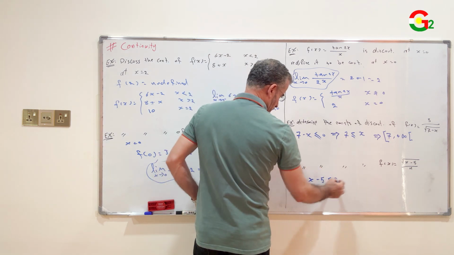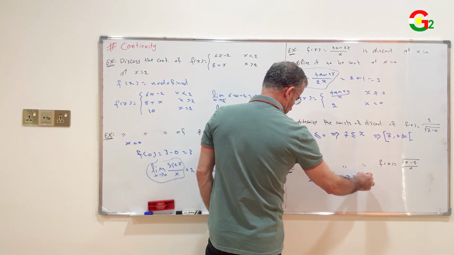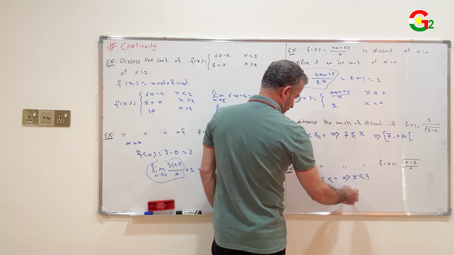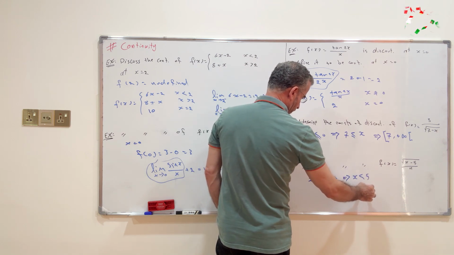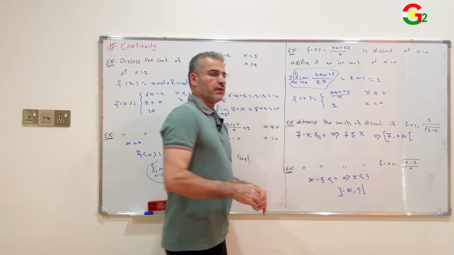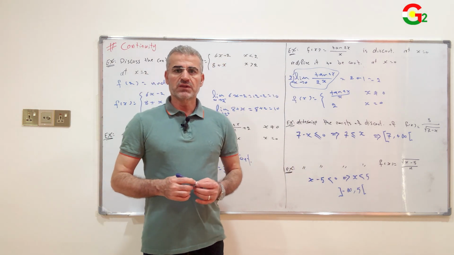So solve this inequality for x less than 5, then negative infinity to 5 open interval is the interval of discontinuity of this function.